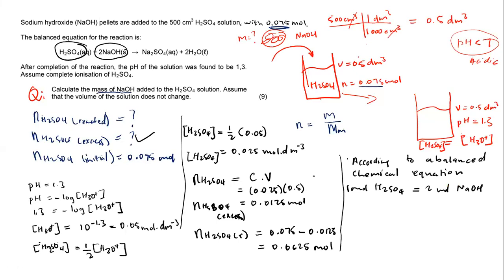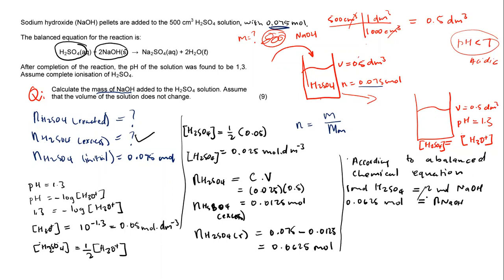And therefore, as we have determined, 0.0625 moles of H2SO4 reacted, so how many moles of NaOH reacted with that? This is what we are looking for: the number of moles of sodium hydroxide reacted.